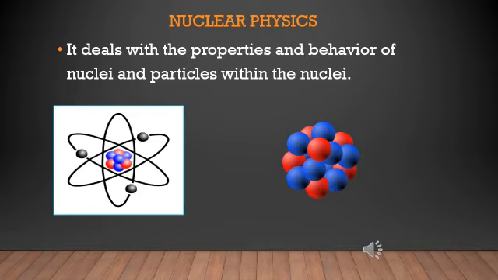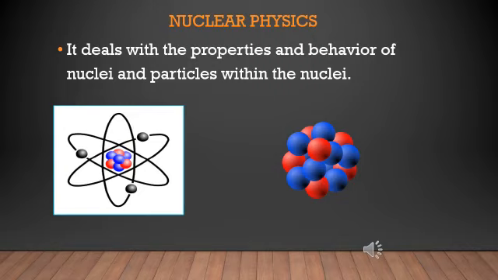So there are subatomic particles that lie within the nucleus. These are named the proton and the neutron, and the electron revolves outside the nucleus of the atom. Basically it deals with the properties of the nuclei.